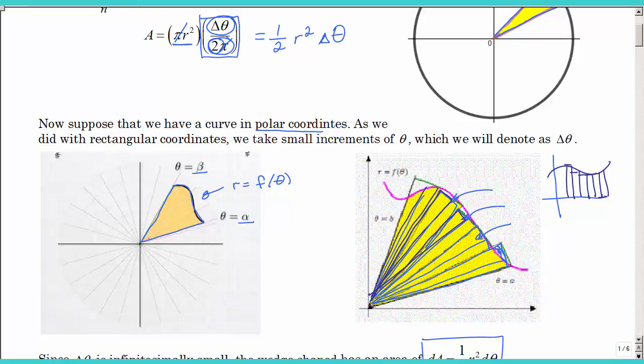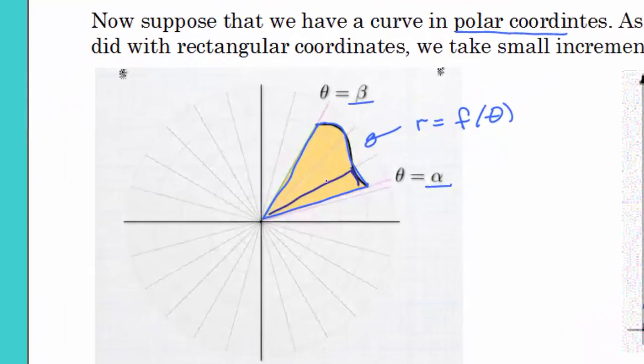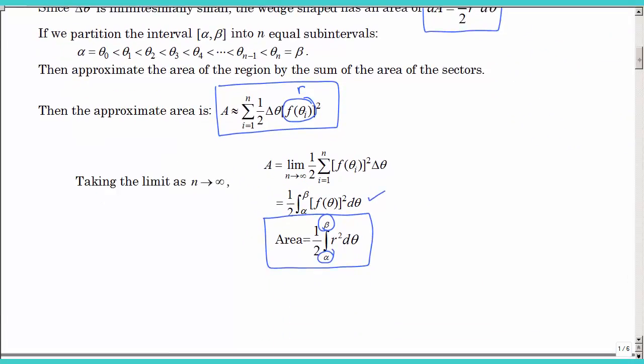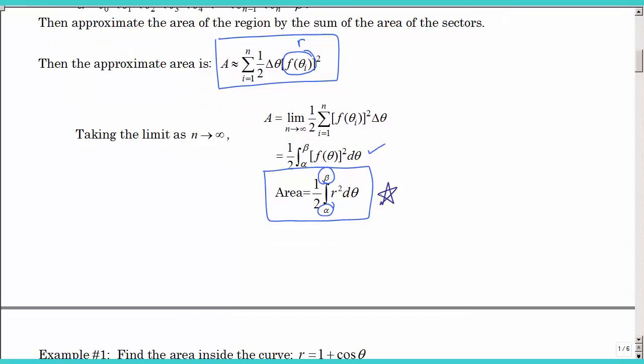So again, we could have this sector, which would be a little bit too small, and maybe this sector that would be too big. But again, as delta theta approaches 0, as we have an infinite amount of these, then our approximation becomes the definite integral given by this formula.